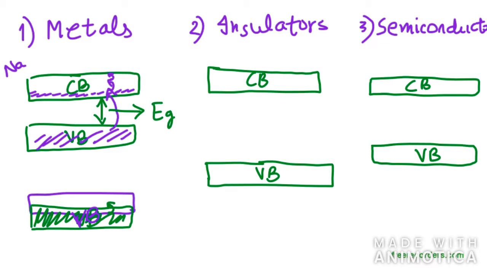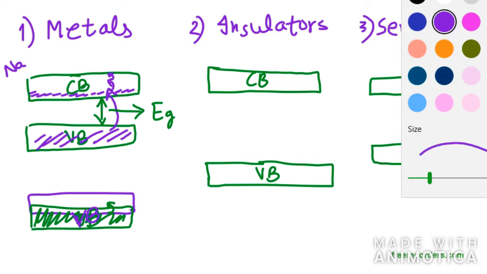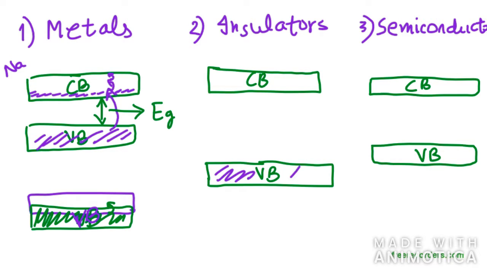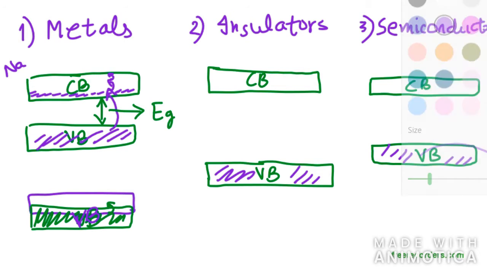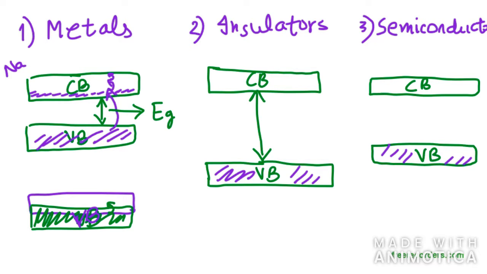The valence band is filled in both the insulators and the semiconductors. But the difference is that insulators have a forbidden band gap energy of 6.6 electron volts, and in the case of semiconductors it is 1.1 electron volts.